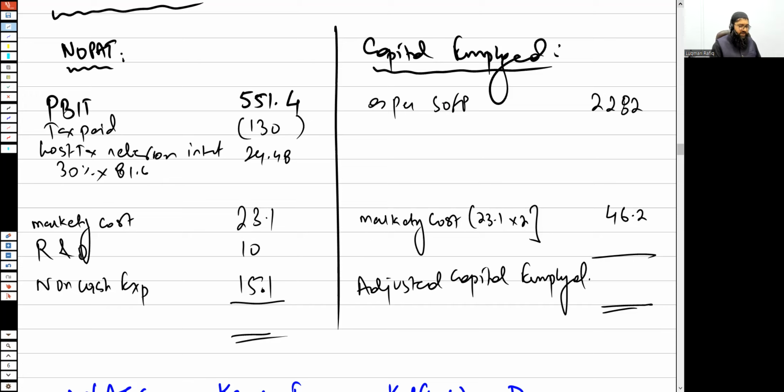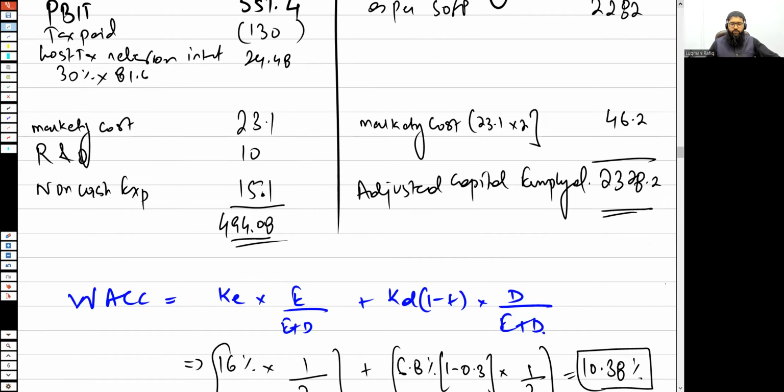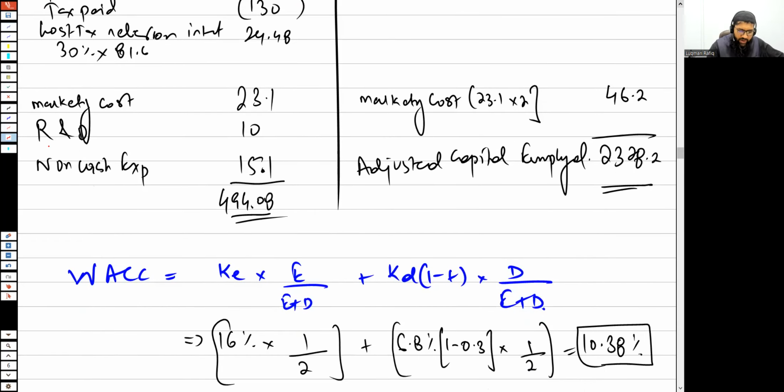And this is the adjusted capital employed. $494.08. 2328.2.